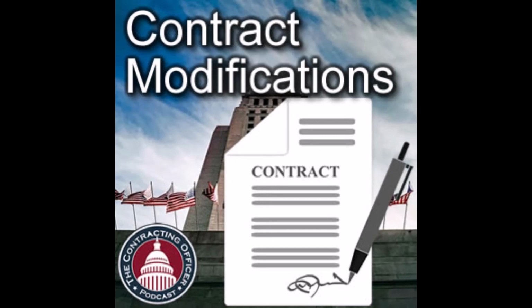Okay, I'll wrap up by circling back to something that I brought up before. From the industry side, don't count on changes or contract modifications to get well, to make money. If you buy in and bid too low, counting on changes, and those changes don't materialize because the government doesn't have funding or doesn't want to do what you think they want, well, you may fail. You may not be able to deliver the contract.